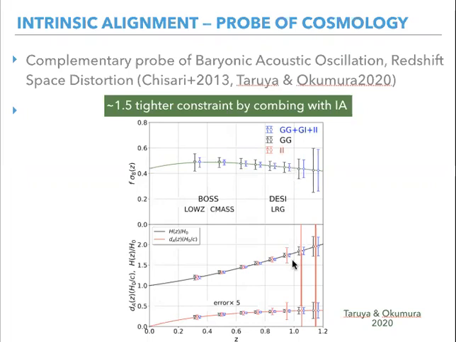This is true up to redshift 1. However, the inclusion of the intrinsic alignment signal contributes less if we go to higher redshift.